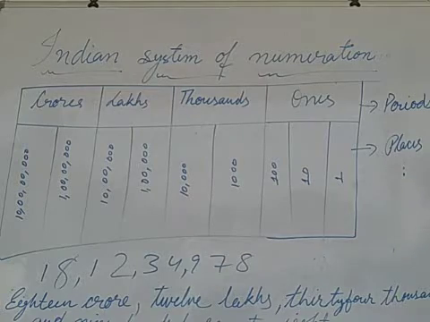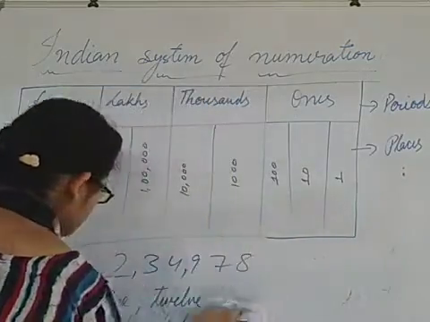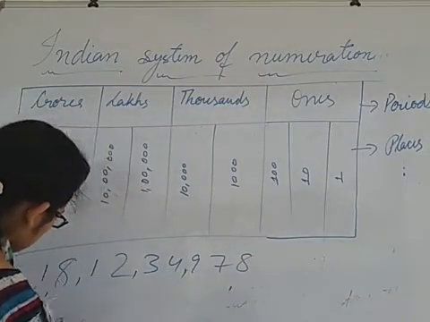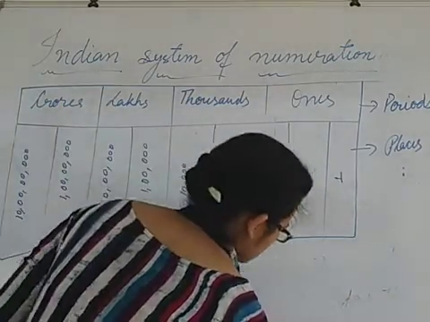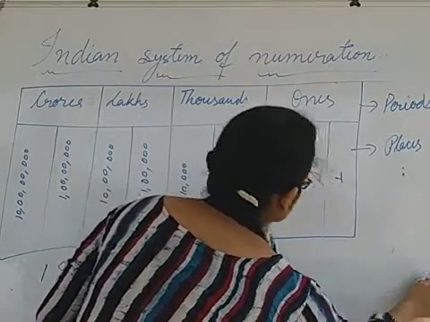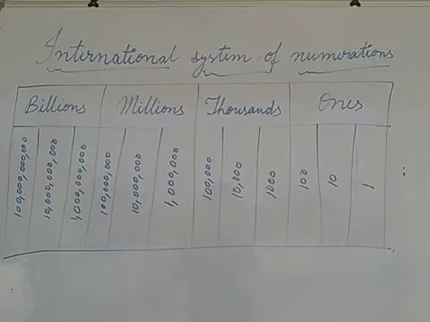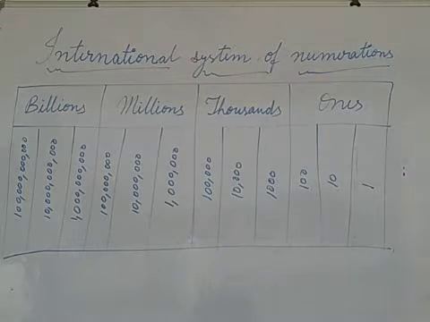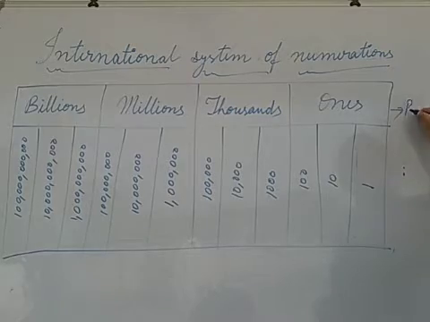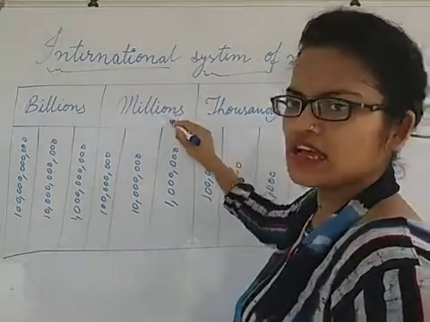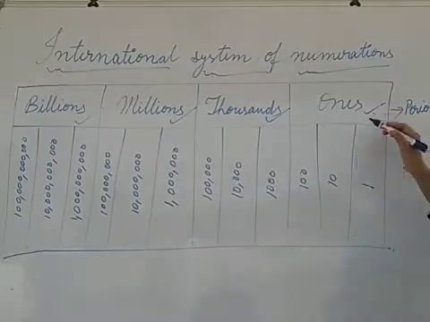So let us learn about the international system of numerations. Here the periods are ones, thousands, millions and billions.